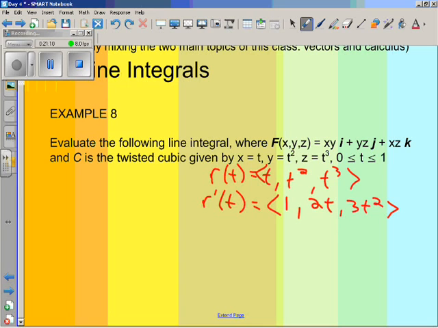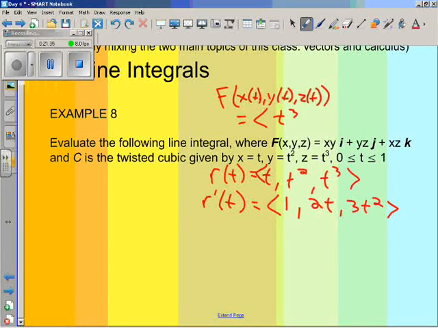And if we want to think of putting f in terms of t, the ith component is going to be x times y, which is t times t squared.